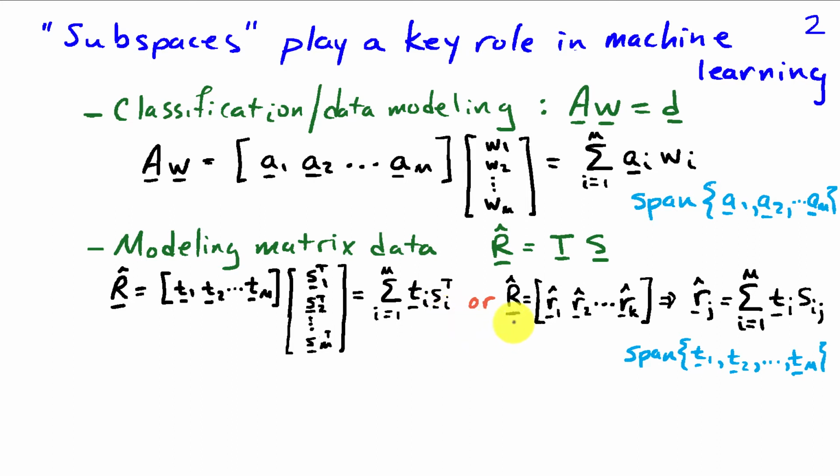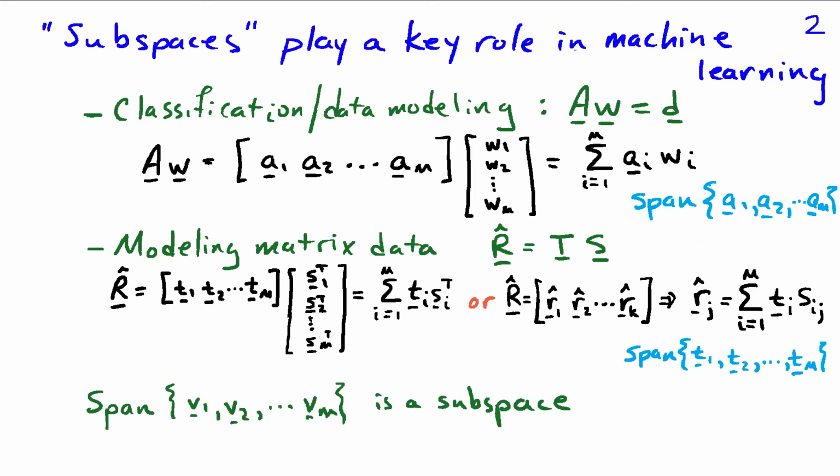But if I look at this in terms of the columns of R hat, we see that each column can be written as a weighted sum of the columns of the T matrix. So in this case, each column of R hat lies in the span of this set of vectors in the matrix T. So in both these important problems, our approximations or our solutions lie in the span of a certain set of vectors.